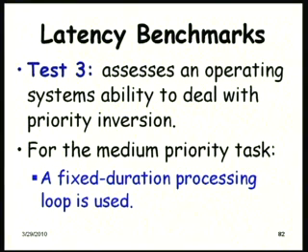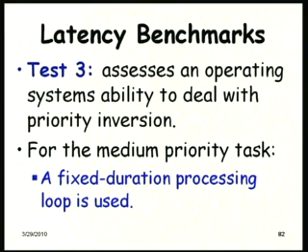Test 3 assesses the operating system's ability to deal with priority inversion, and we had discussed this one: a low priority task is holding the resource and the high priority task is requesting it, and in between there are medium priority tasks which are generated.